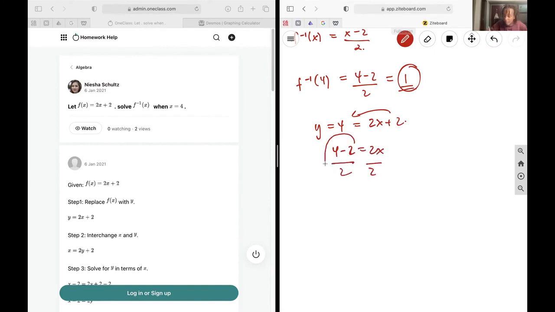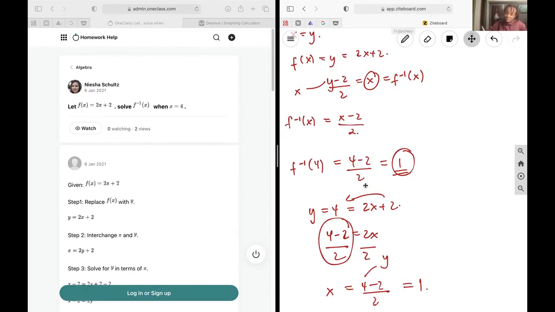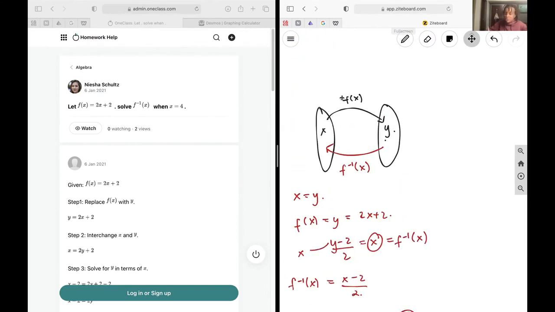So you see, I'm putting it in a way where I get x is equal to 4 minus 2 over 2, so my input, my y in a sense, and this will give me 1. That's what all of this was telling us: if the output was 4, what is the x value that I put in? It's just jumping between these two worlds that we've created that we can only relate with our function. And that's it for this question.